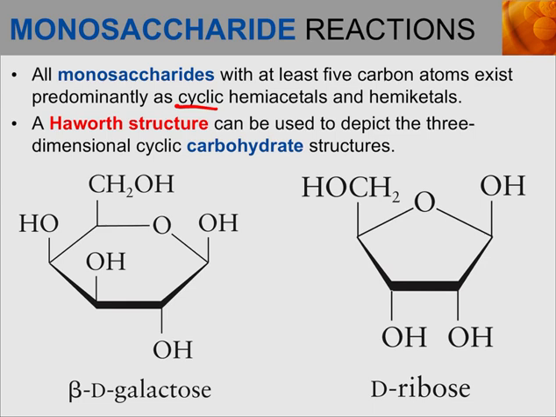And we would call these hemiacetals or hemiketals depending on if you started with an aldose or a ketose. So down below we have Haworth structures for different sugars, galactose and ribose. And this can be used to depict the three-dimensional cyclic structures.